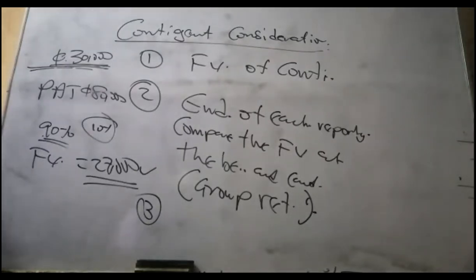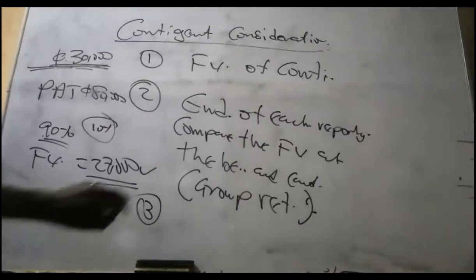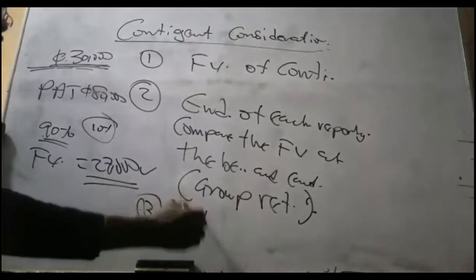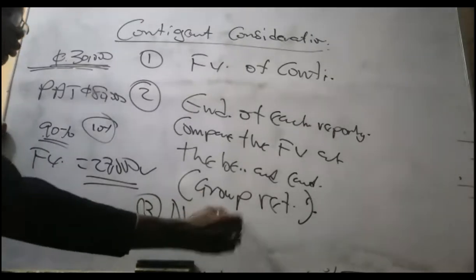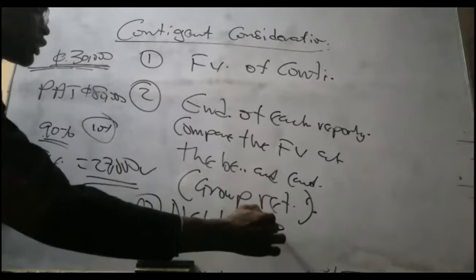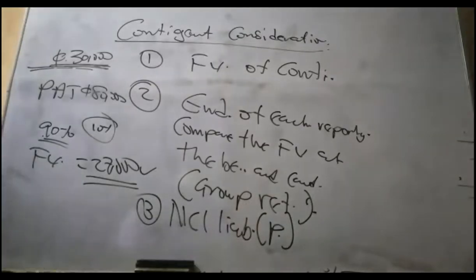The third section will be a liability. So it must be part of the parent's liability, in the parent's books. Why? Because the parent is owing the subsidiary. Good. So that is all.